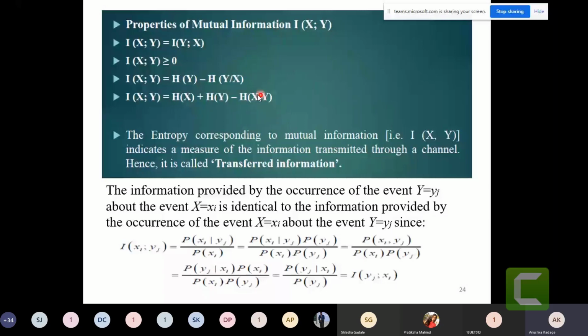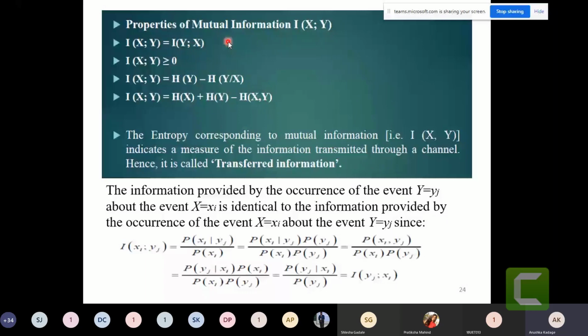So in the previous two mutual information equations, we were seeing only the marginal entropy and the conditional entropies, while in this last expression, along with the two marginal entropies, the joint entropy is present. So how it comes out, and what is the derivation of I of X semicolon Y equal to I of Y semicolon X, we are going to see in the next part of our slide.